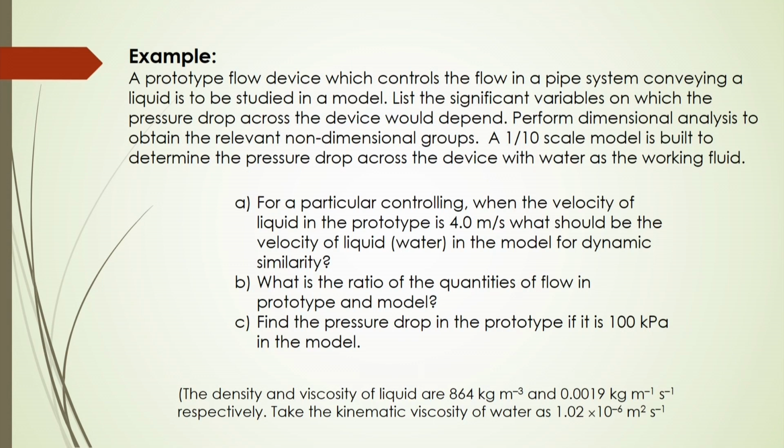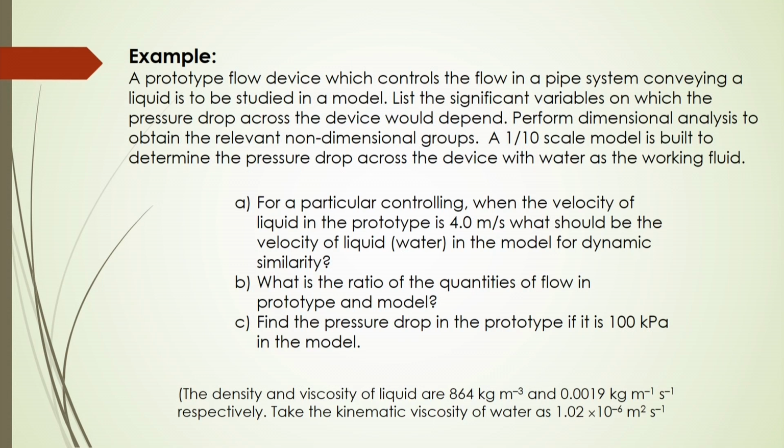In this case, when the velocity of the liquid in the prototype is 4.0 meter per second, what should be the velocity of the liquid in the model for dynamic similarity? What is the ratio of the quantities of flow in prototype and model? And also find the pressure drop in the prototype if it is 100 kilopascal in the model.